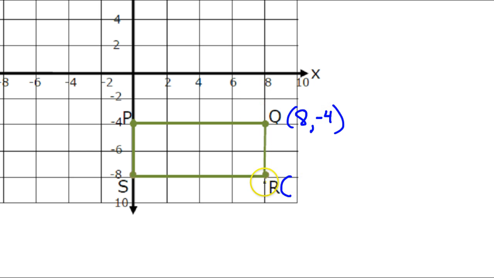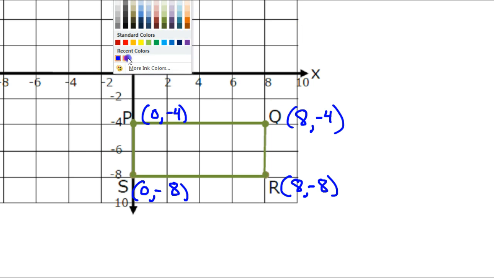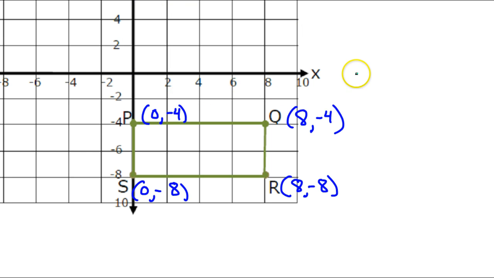And R is 8, -8. And S is 0, -8. And P is 0, -4.